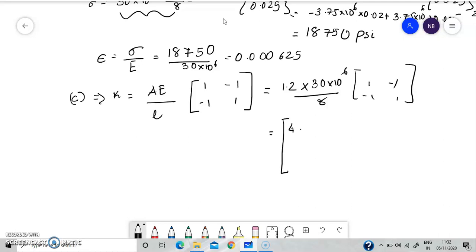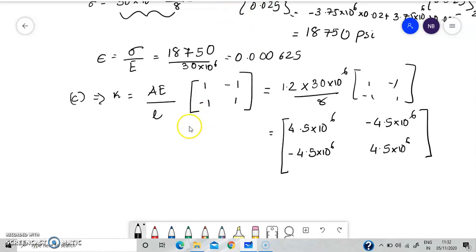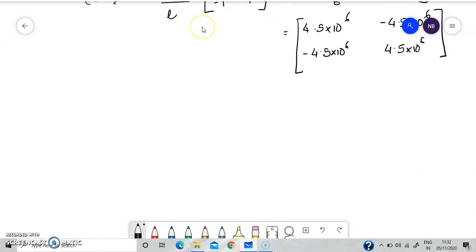On taking these terms inside the matrix, we get this, so this is the stiffness matrix for the one-dimensional bar element.